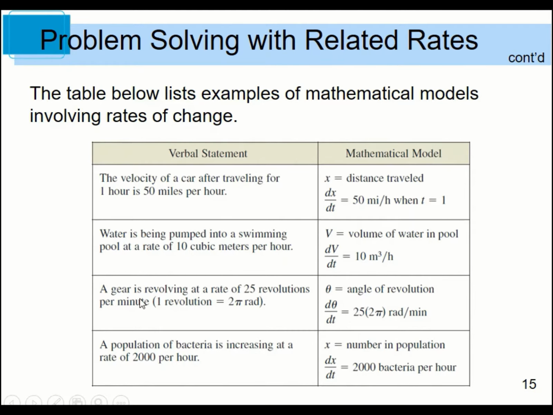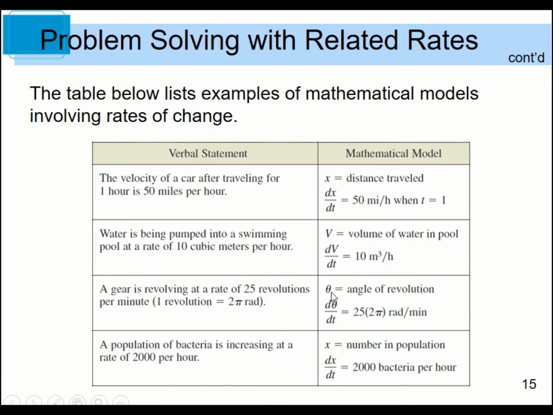Okay, the third one. A gear is revolving at a rate of 25 revolutions per minute. So 1 revolution is equal to 2 pi radians. You can imagine the gear turning 25 revolutions in a minute. In this case, what is the variable?